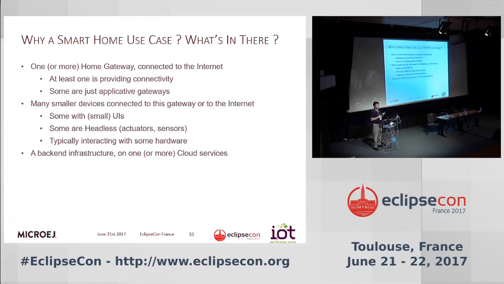For example, you can think of an alarm system, the alarm central unit, as a gateway, or the multimedia system, or the heating system sometimes is also a gateway. So you can have many gateways, and they either access the internet directly, or through another gateway, a connectivity gateway.